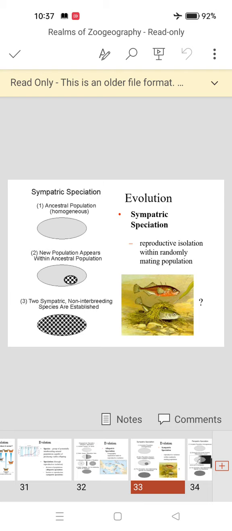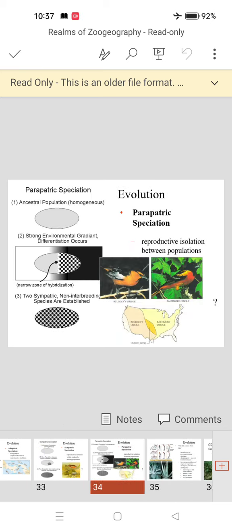Sympatric speciation is reproductive isolation within randomly mating populations, where an ancestral homogeneous population gives rise to new non-interbreeding populations. Parapatric speciation also starts from a homogeneous ancestral population.